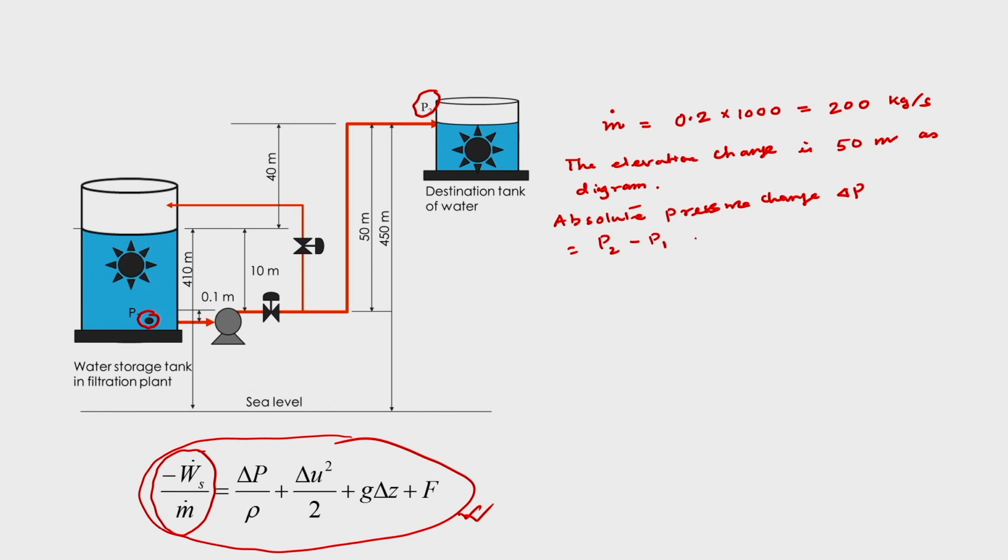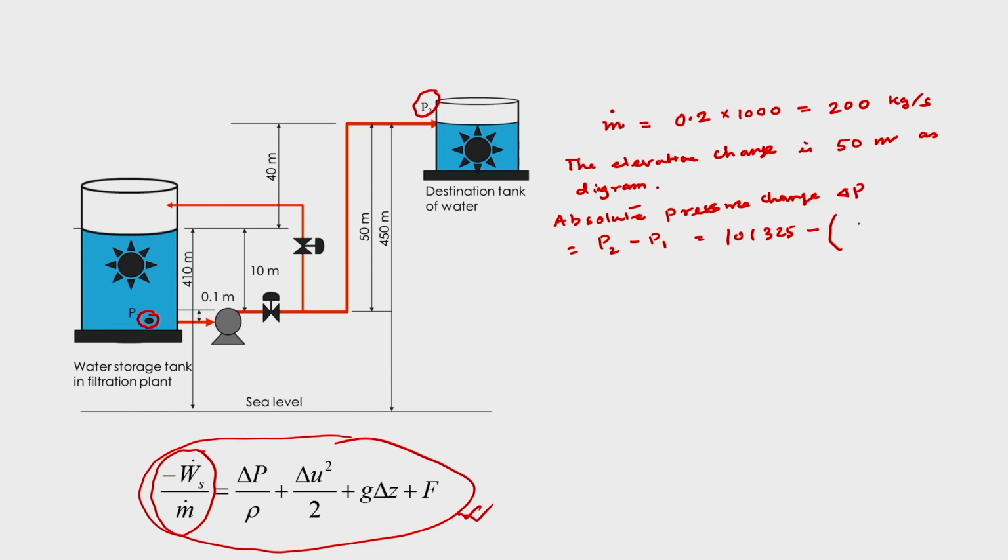So delta P will be equal to P2 minus P1. What is P2 here? Since it is atmospheric pressure, P2 is 101,325 minus P1.